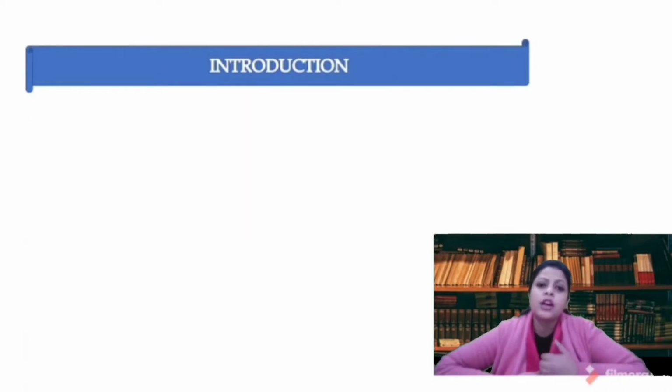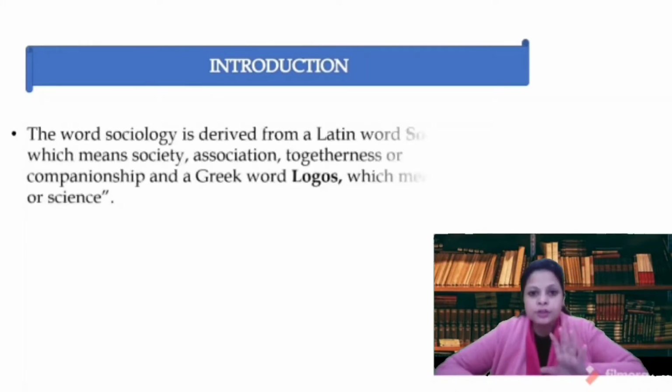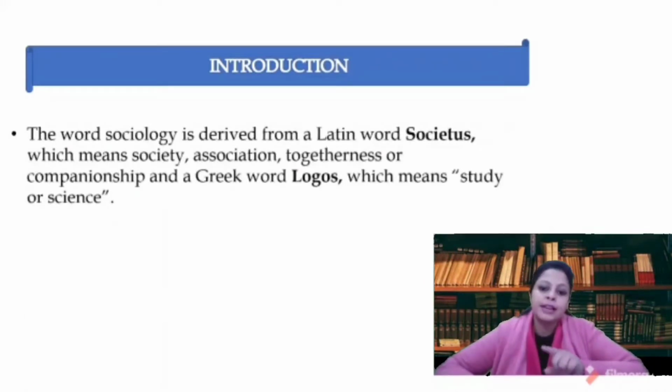So you'll find that each and every word is derived from Latin. Similarly, our word sociology is derived from the Latin word societas, and logos means study or science. So simply, sociology is the science of study.